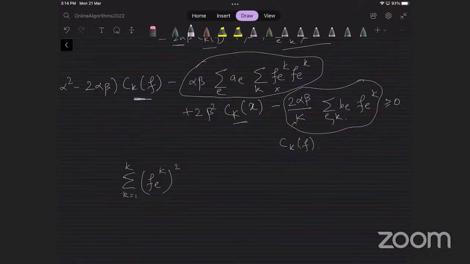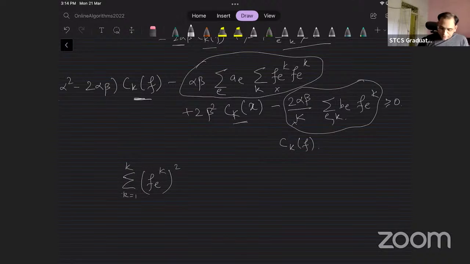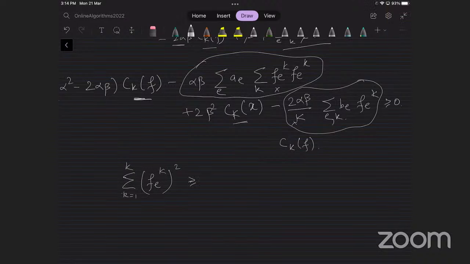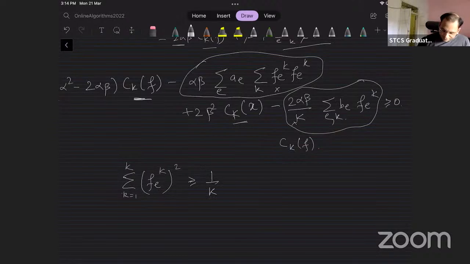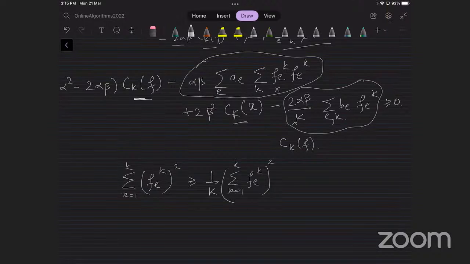Convex function. Yes. So what kind of inequalities do we know for convex functions? So let me know first, is this even true? Yes, by Jensen's inequality.